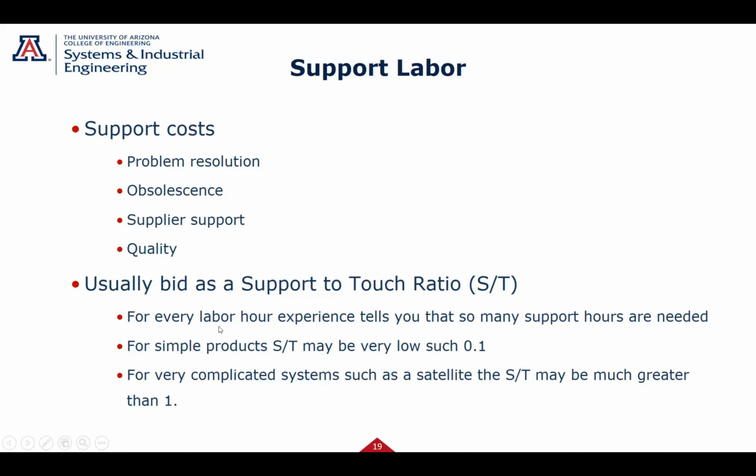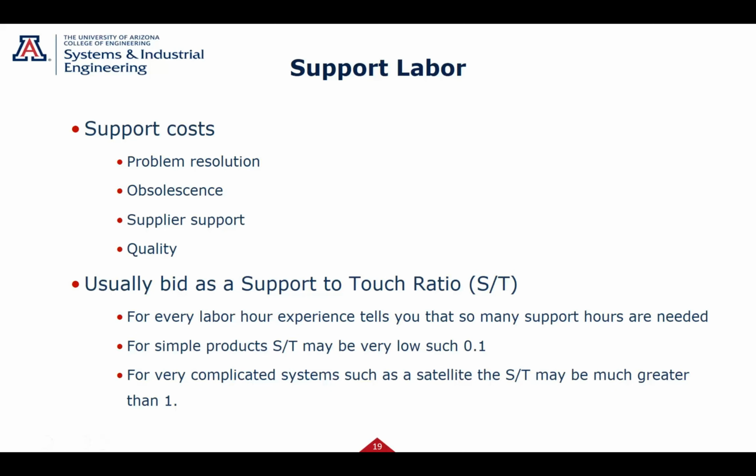Generally speaking, depending on how simple the product is, that could be a pretty low number. So let's say 0.1 means for every 10 factory workers you have, you need one person supporting them. So that would be a support to touch of 0.1.